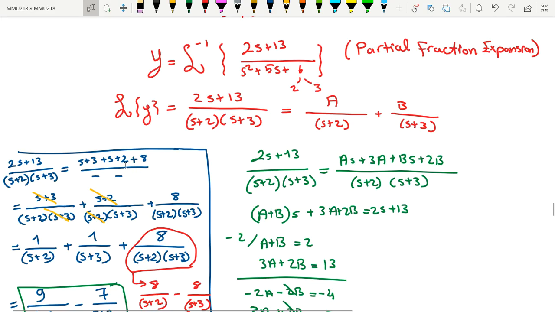Let's keep that 8. But have a look at this: s plus 3 over s plus 2, s plus 3; s plus 2 over s plus 2, s plus 3; and 8 over s plus 2, s plus 3. If you cancel out the s plus 2's and s plus 3's, you will end up with 1 over s plus 2, 1 over s plus 3, and 8 over these two.